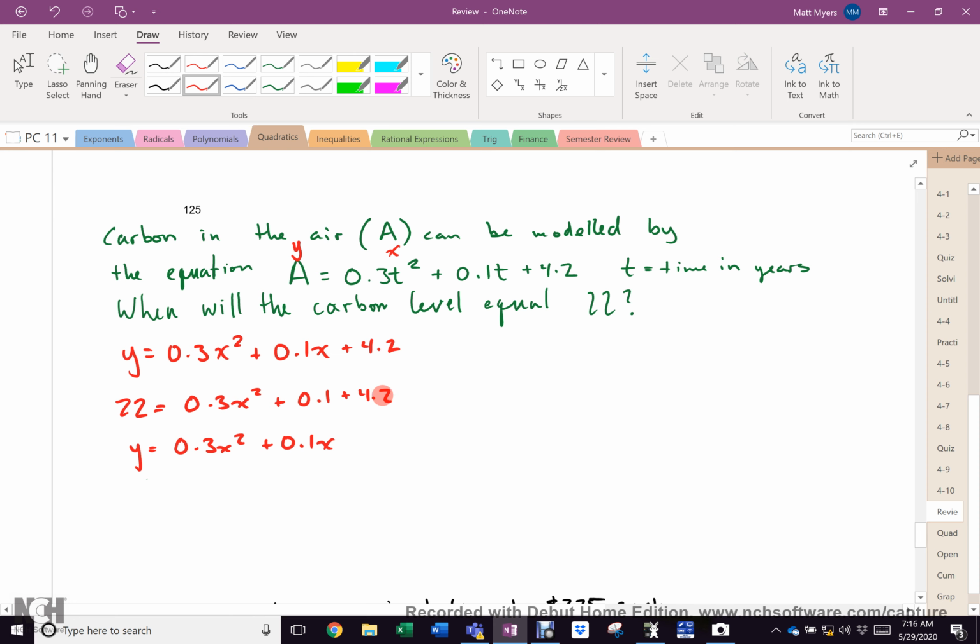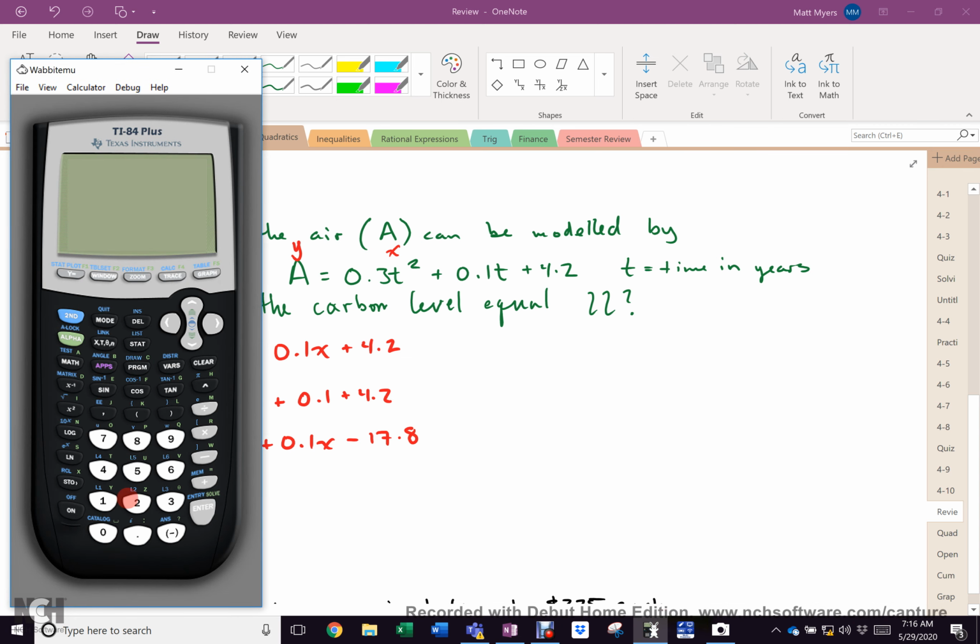Now 4.2 minus 22 is negative 17.8. So let me double check because it's early. 4.2, calculator's not working. Well, 4 minus 22 is negative 18. Yeah, negative 17.8.